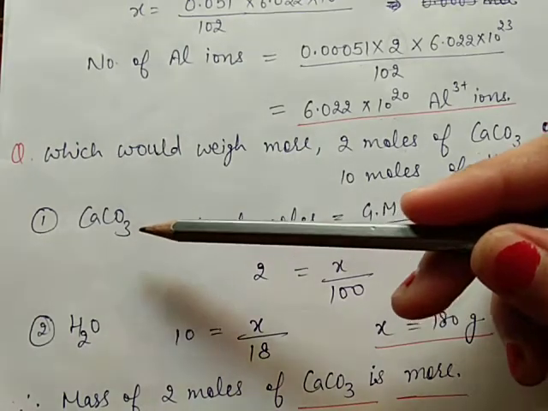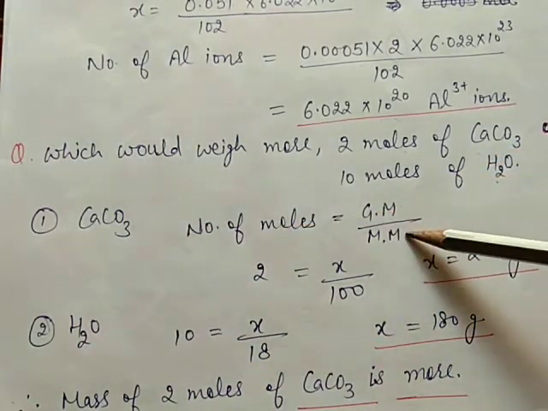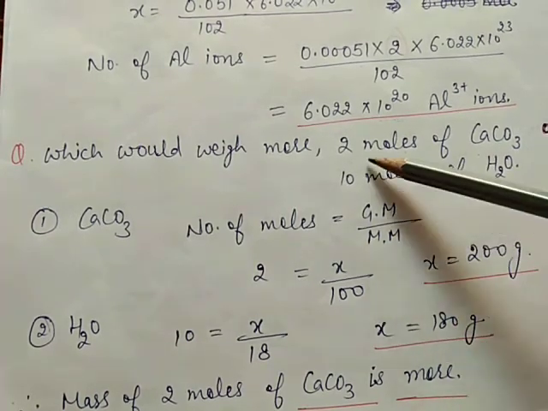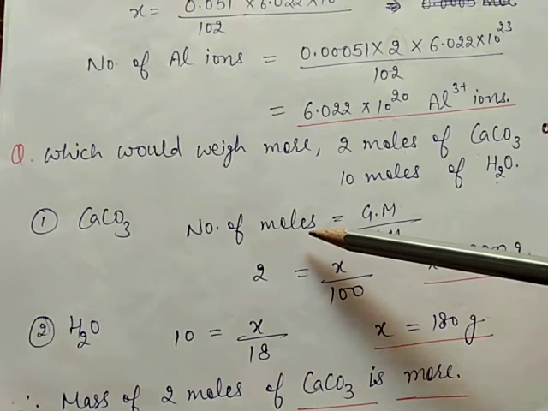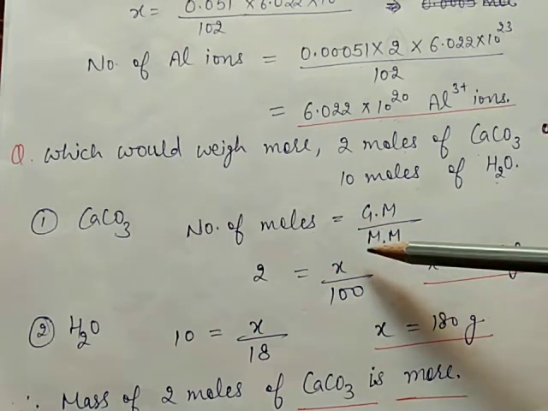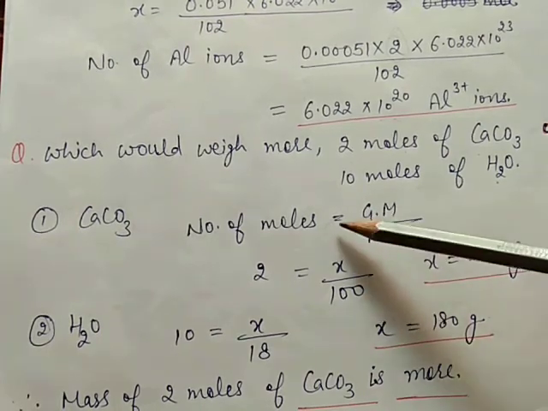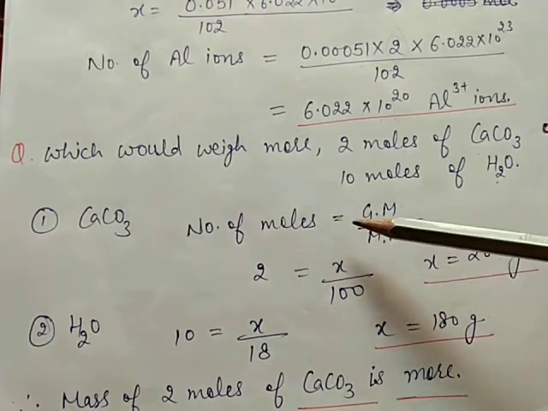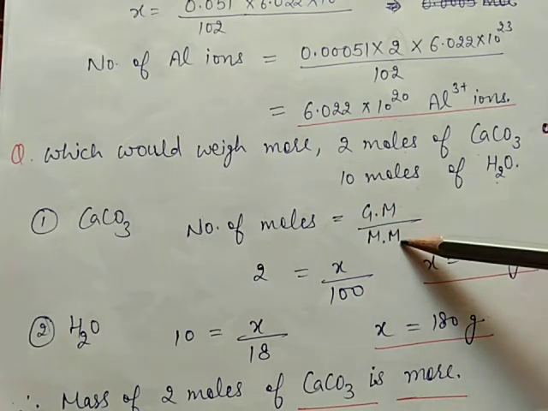This is calcium carbonate. Formula apply, number of moles is equal to given mass divided by molar mass, because here only we have to calculate mass and moles. So no need to apply the formula of number of particles. We can apply only the simple formula, number of moles is equal to given mass divided by molar mass.